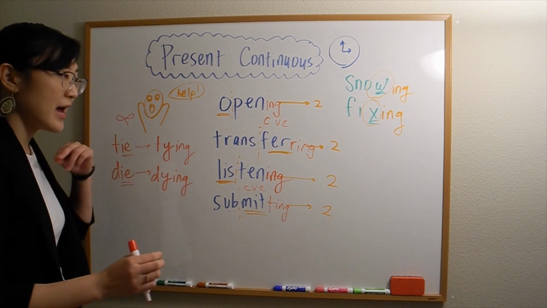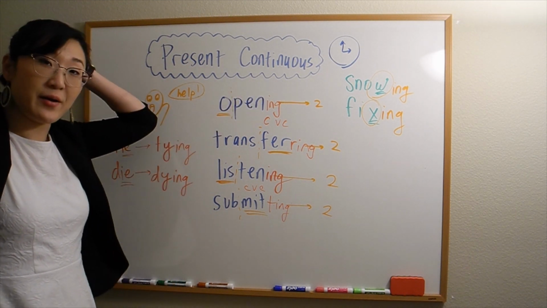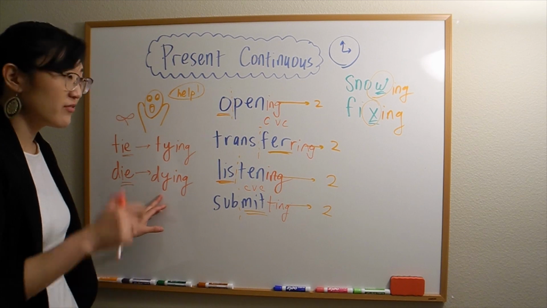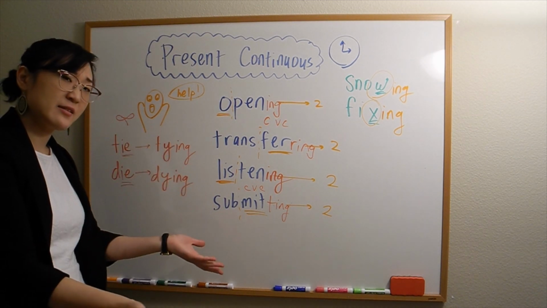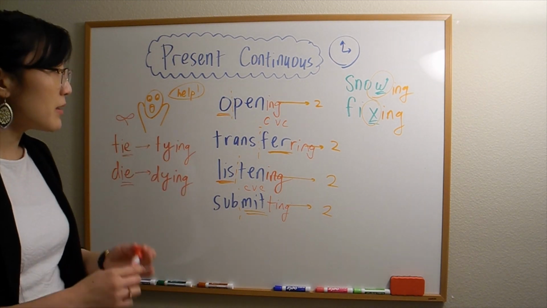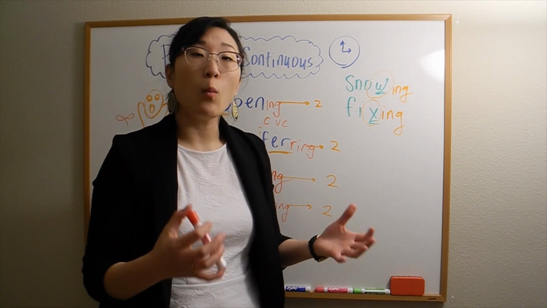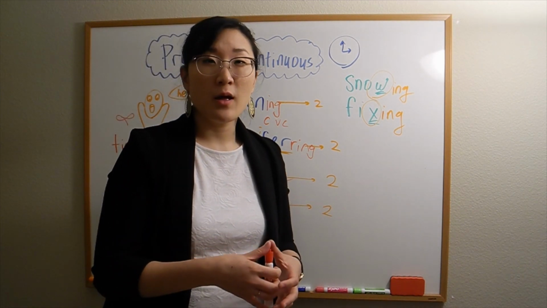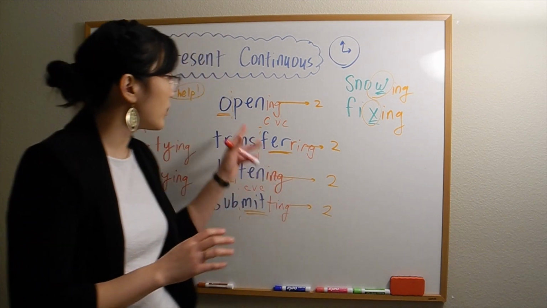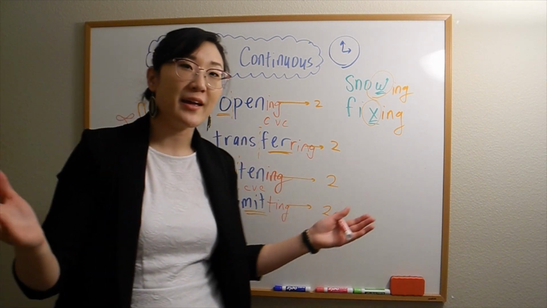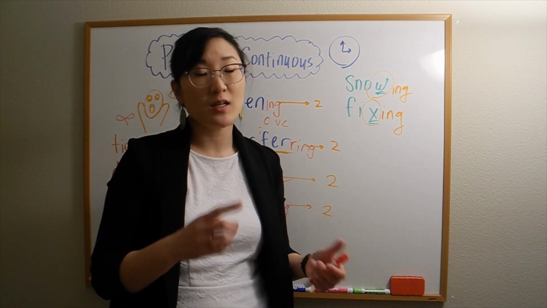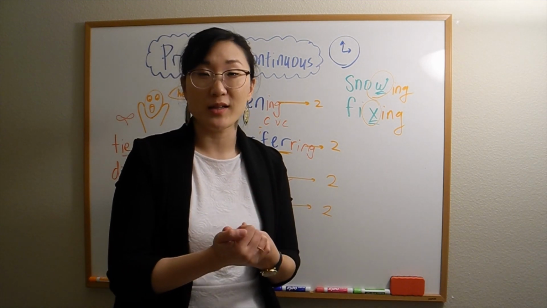So for example, I am tying my hair, right? Or the flower is dying, right? There are some other exceptions, but we will look more in detail tomorrow. Don't worry, again, if you are confused on this part, it's okay. It might be your first time seeing it. Don't worry, we'll practice more in class.